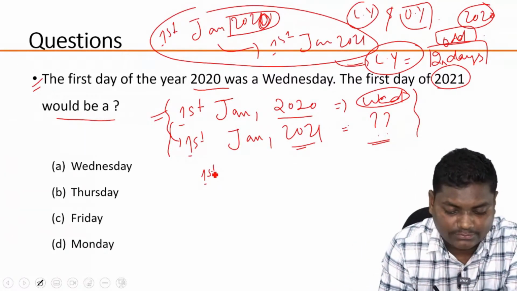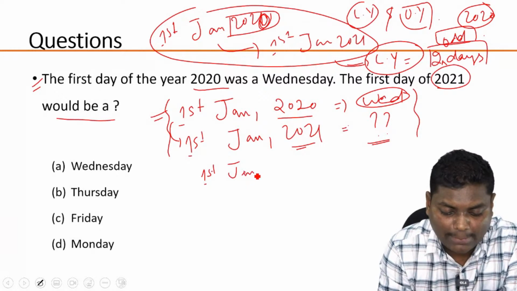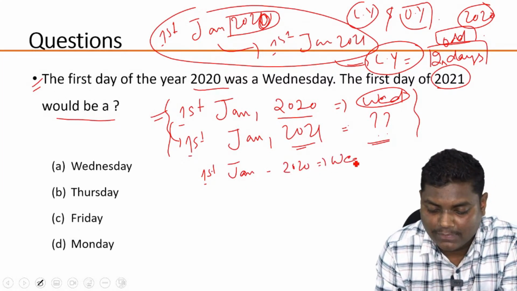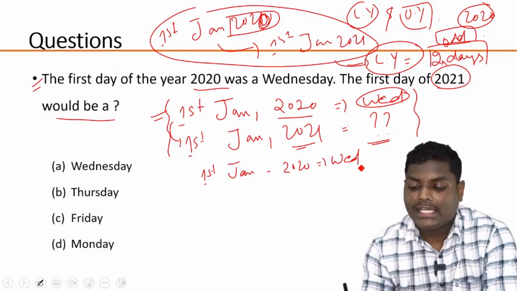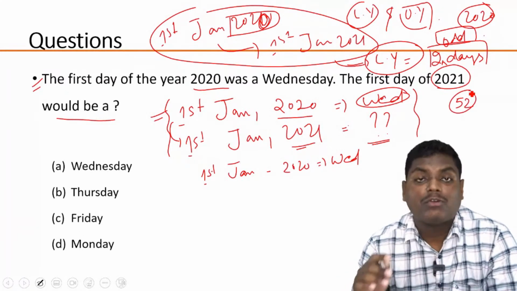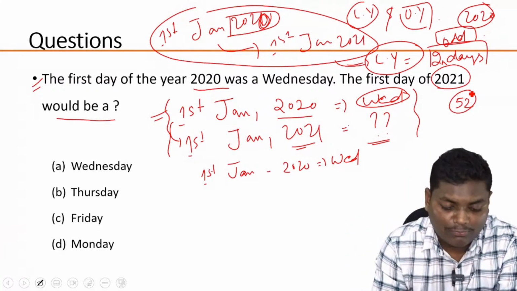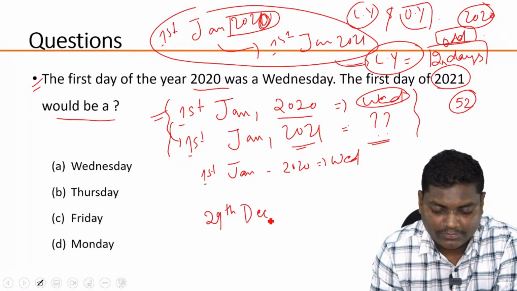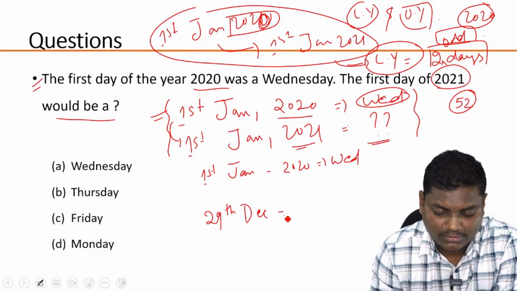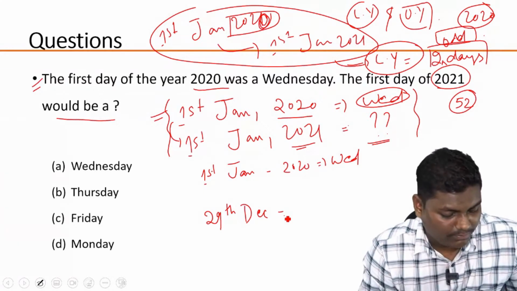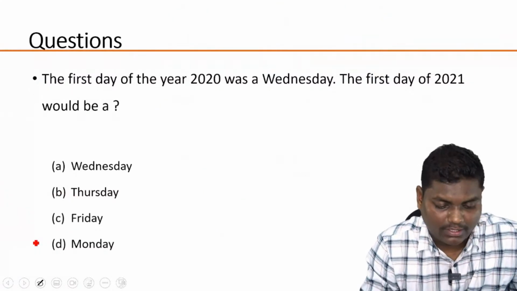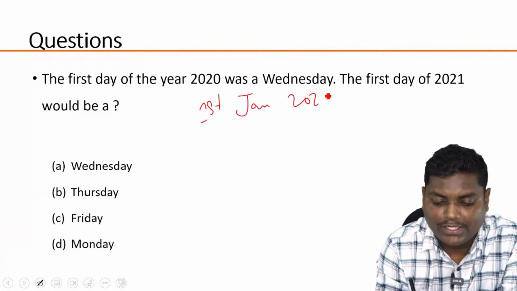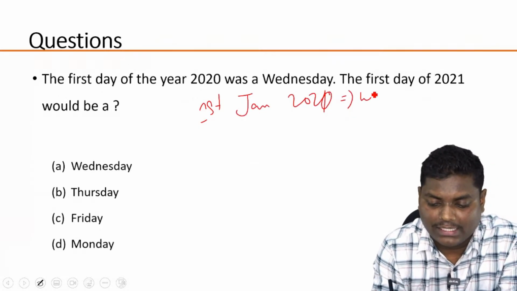Let's try and understand. So 1st Jan 2020 is given as Wednesday. Now, we need to see that a particular year is 52 weeks. Now, if you see exactly, you count 29th December. So 1st Jan 2020 is Wednesday.